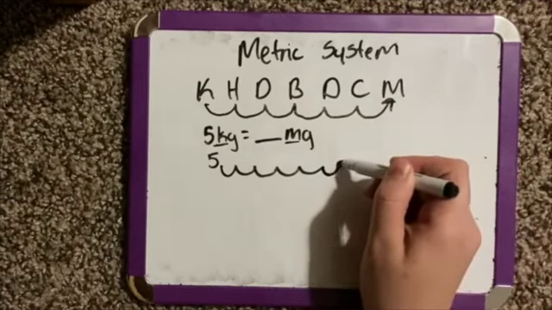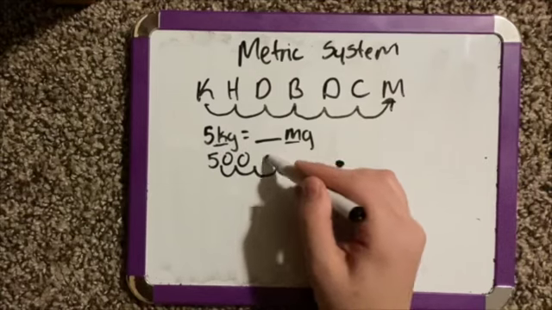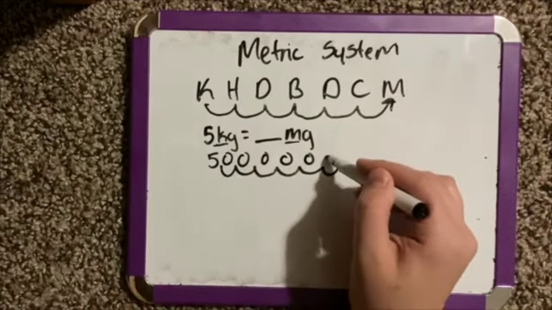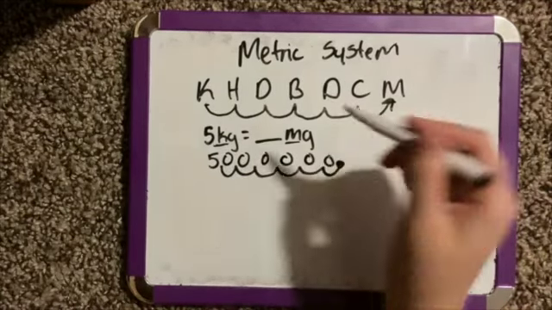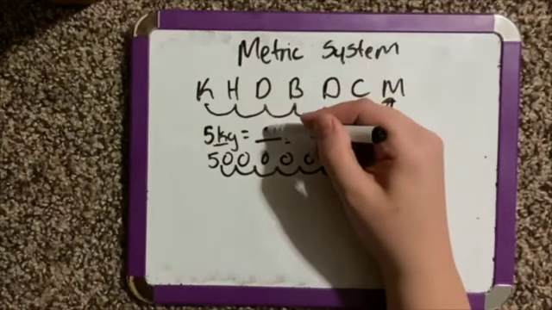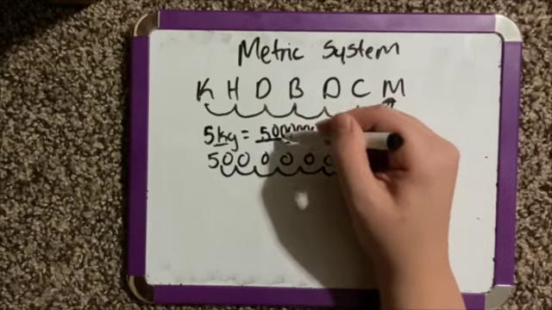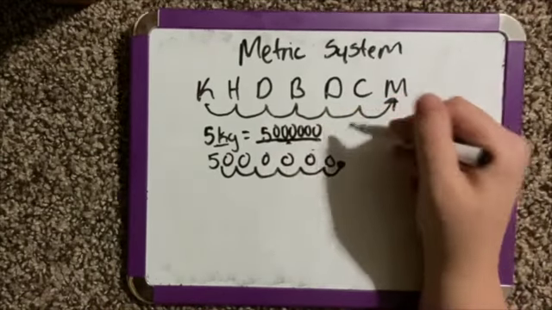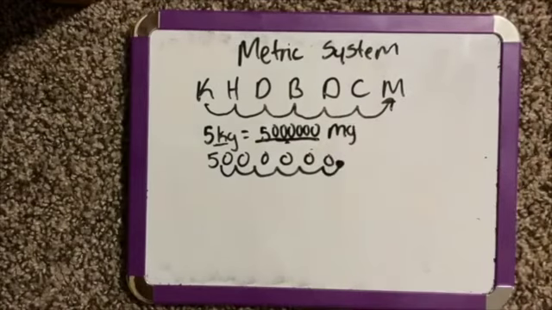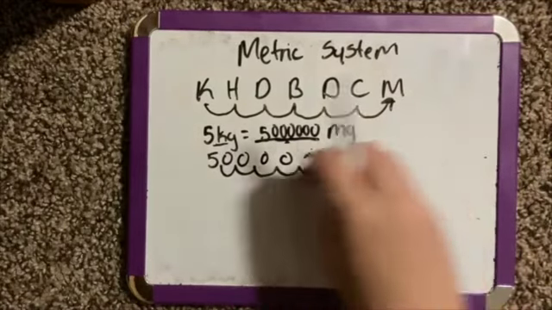So the decimal is now way back here. Now all these spaces that we made, we need to fill in with zeros. So our number, we'll need way more space than that, would be 5 with 6 zeros, also known as 5 million milligrams.